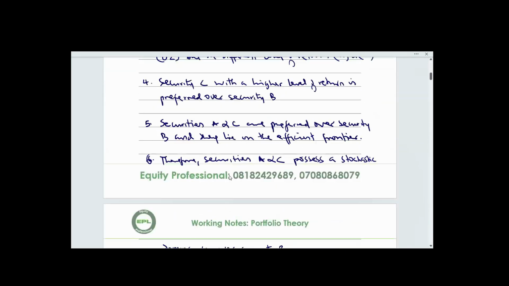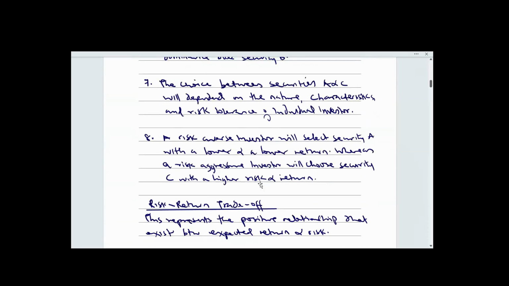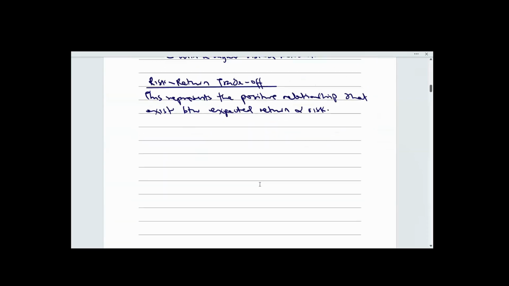And in an efficient market, it is not possible to achieve a higher return without taking the same level of risk. Let me put it down for you.